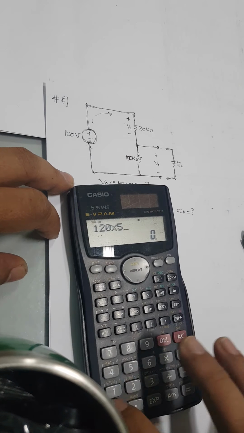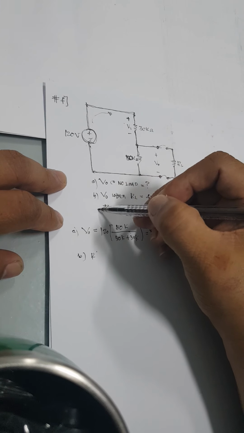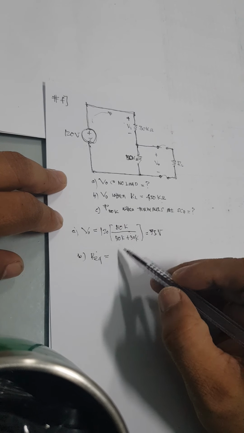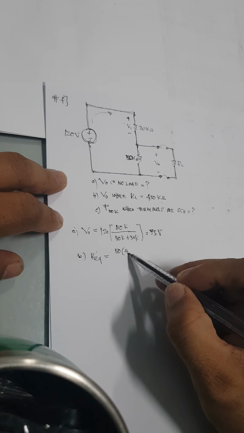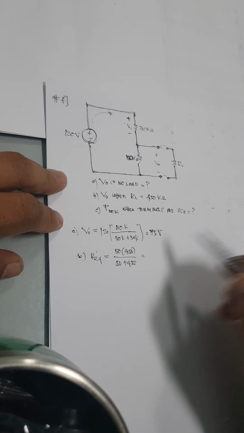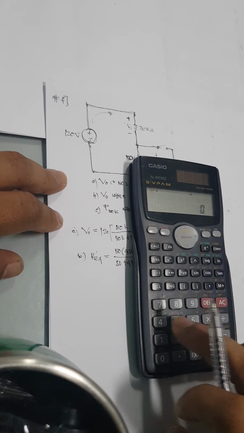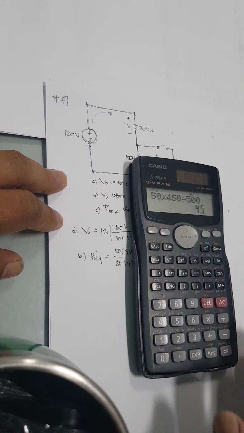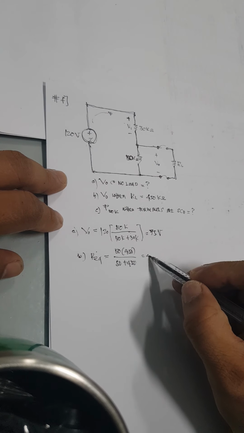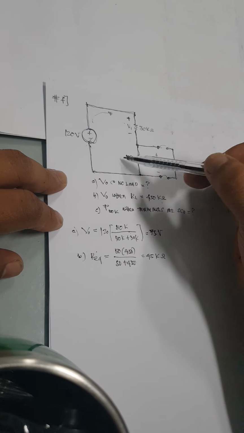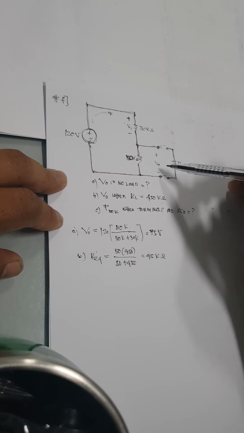This is letter B, this is letter A, so A, B, and C. So R equivalent of 50 kilo and 450 kilo is 50 times 450 divided by 50 plus 450. And the answer here is 50 times 450 divided by 500. The answer is 45 kilo ohms.